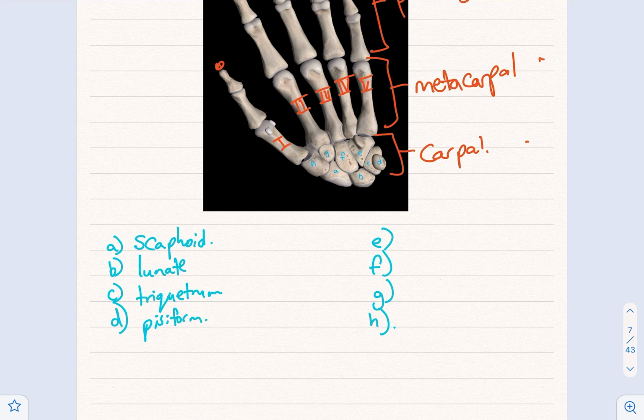E, so now going up to here, with this little flick there, is called the hamate, so hook of the hamate. That is relevant later, and we'll talk about it when we get to carpal tunnel syndrome. F is called the capitate. G and H are a bit confusing because they both begin with T. So G is called the trapezoid. And then H is called the trapezium.